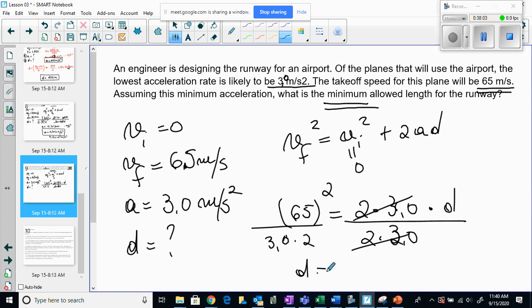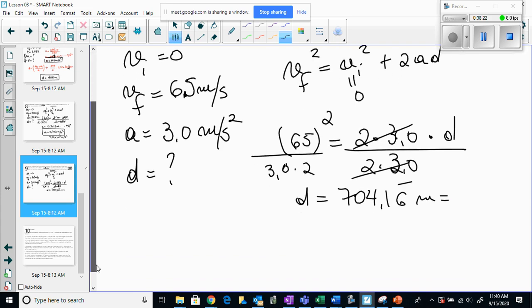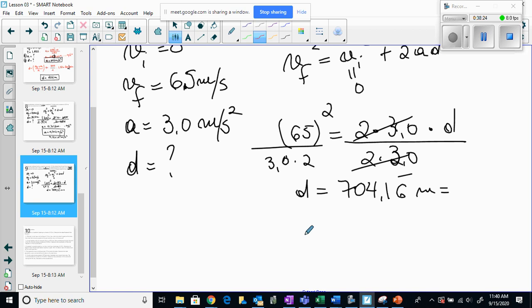And then displacement will be 65 squared divided by 6, which is 704.16 repeating meters. Since we are writing it in 2 significant digits, the final answer will be displacement is 7.0 times 10 to the power of 2 meters.